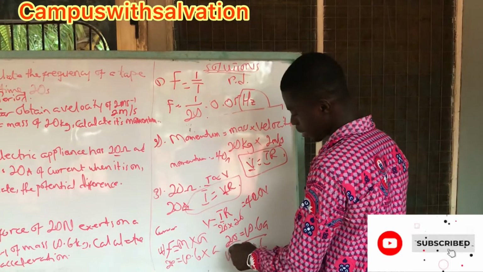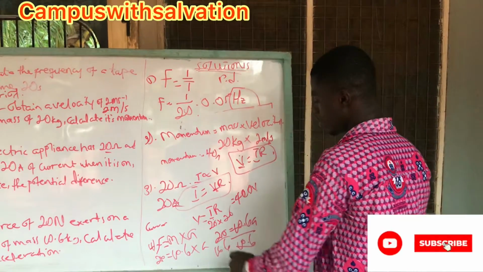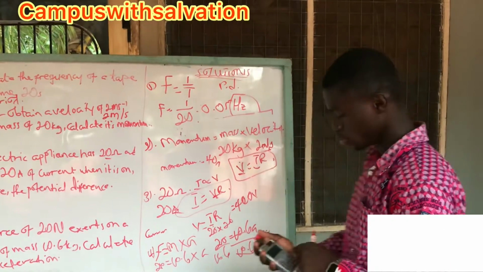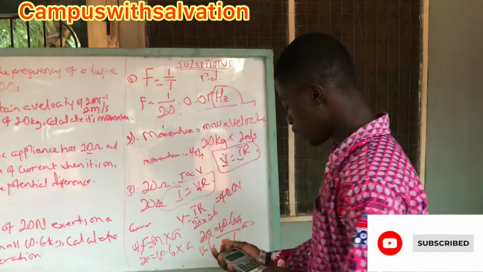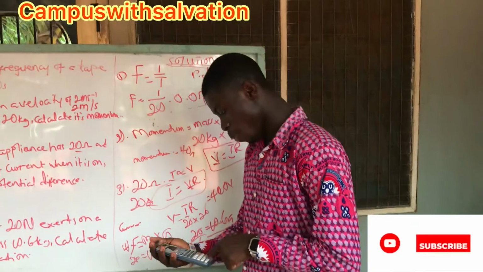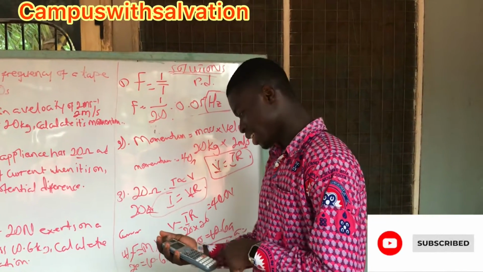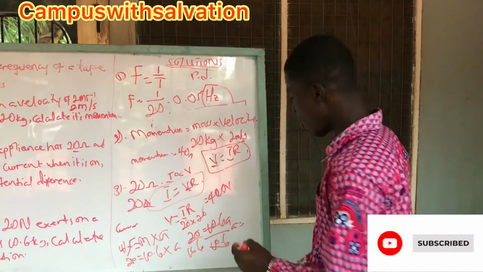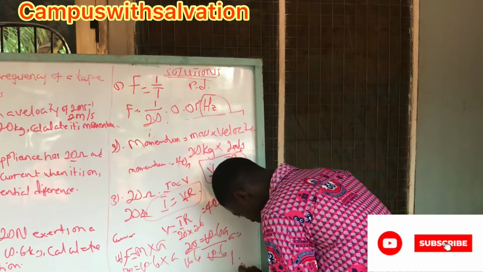Divide both sides by 10.6. This one will cancel this. So a is equal to 20 divided by 10.6, and it will give you 1.867.